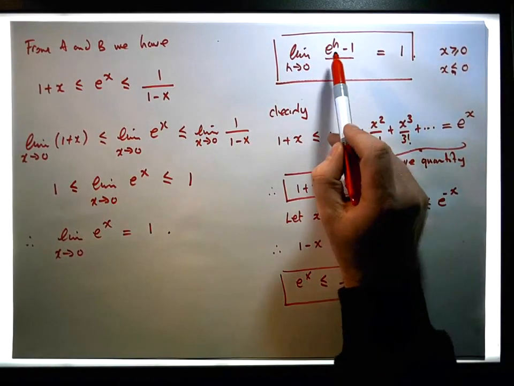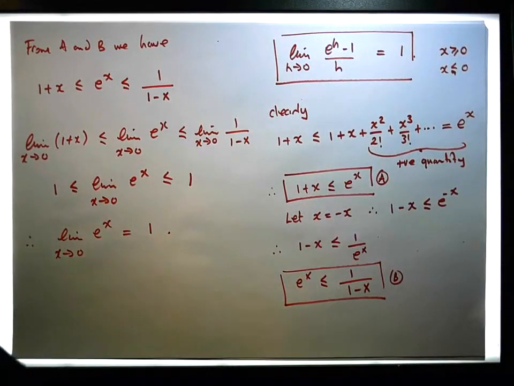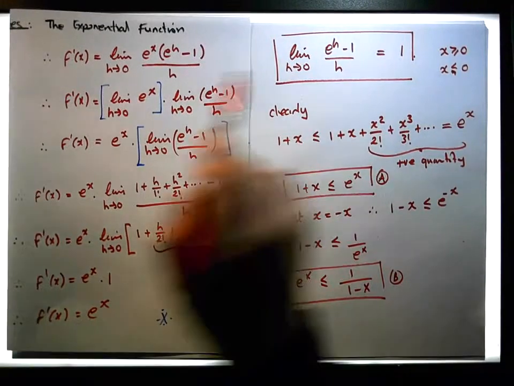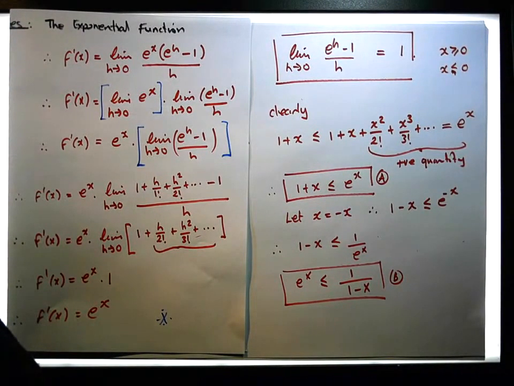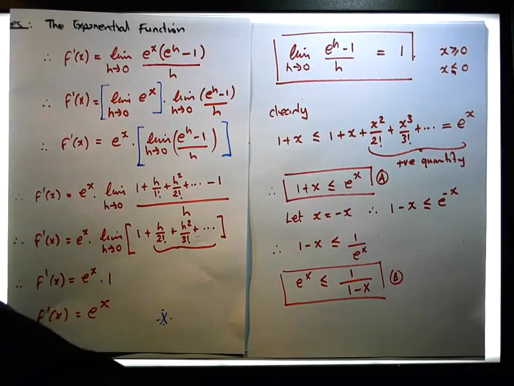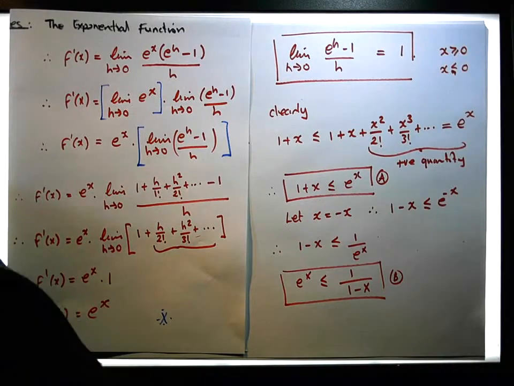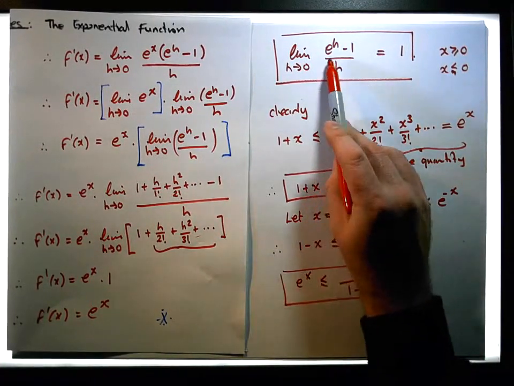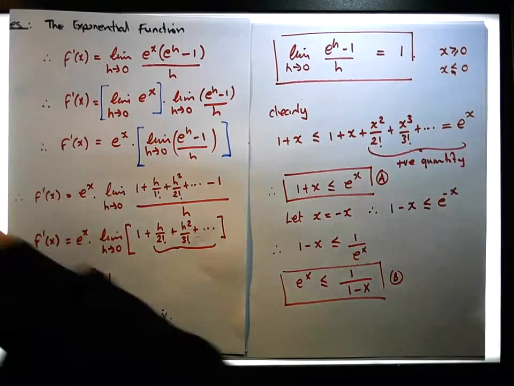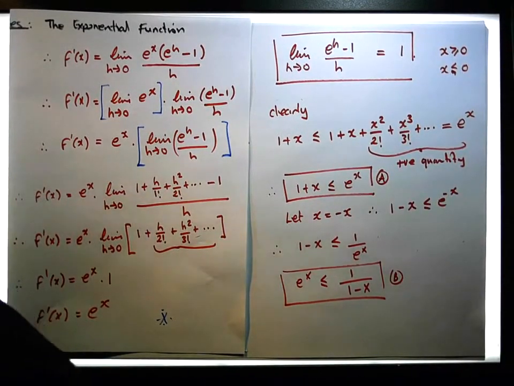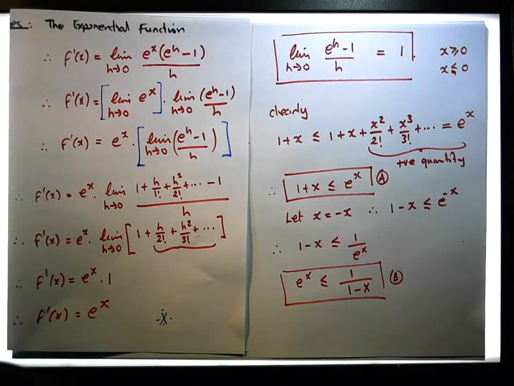What we actually required was that e to the h minus 1 over h was actually equal to 1. So what we have actually shown is not exactly what we require. What we need is something a little bit different.